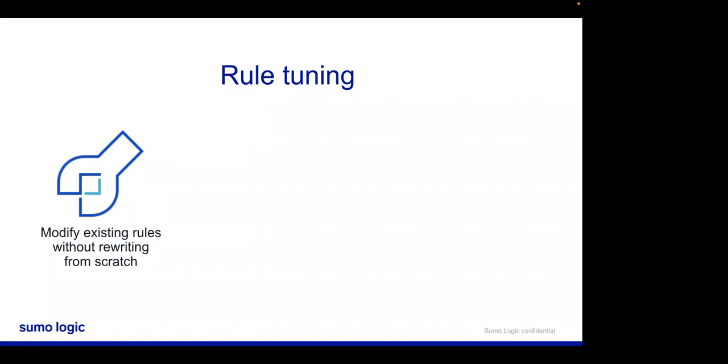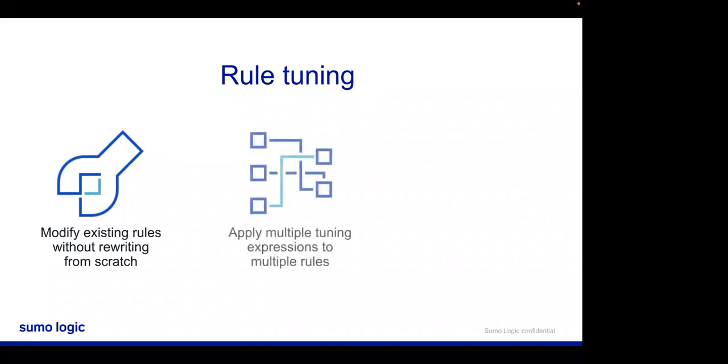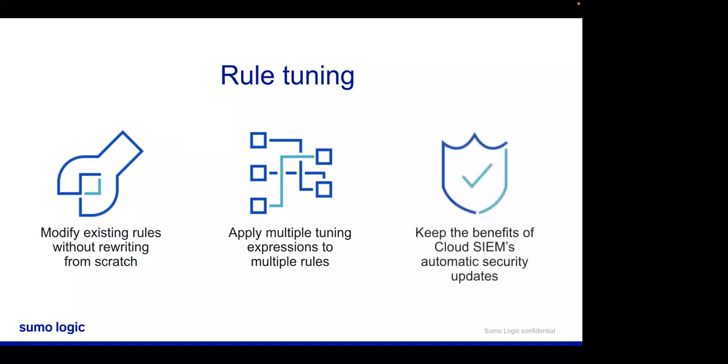Then you probably don't want to do that. Rather than creating a separate rule for them, you can create something called rule tuning, and you apply that to whatever rules you want. You can create a rule tuning expression and apply it to as many rules as you want to. And these are going to create exceptions. That's what rule tunings do. They create an exception to the rule.